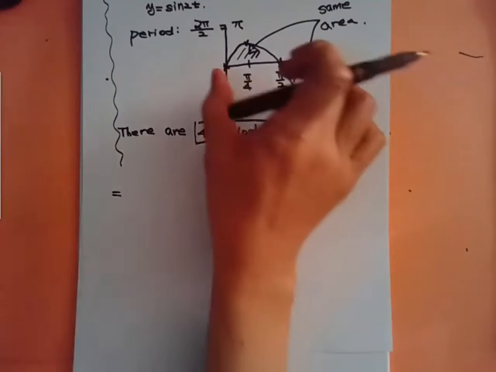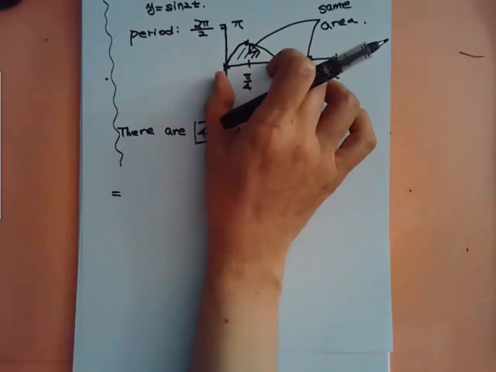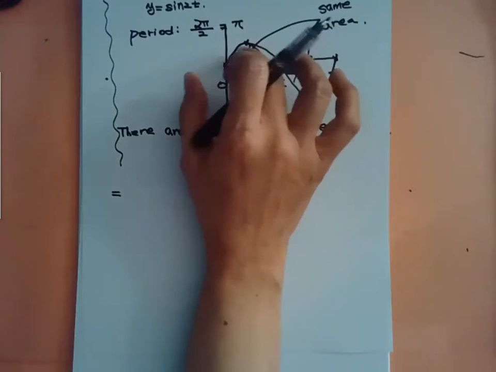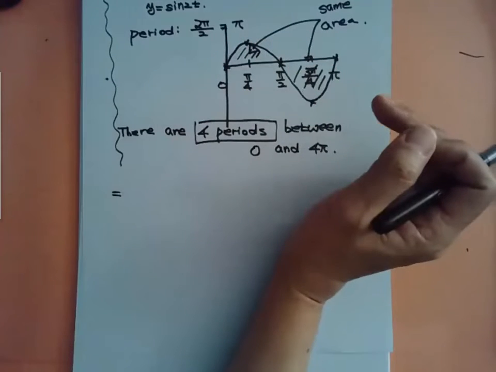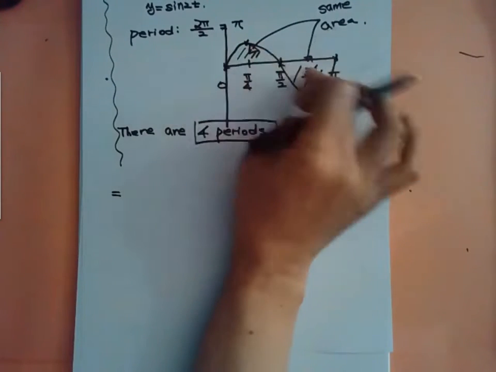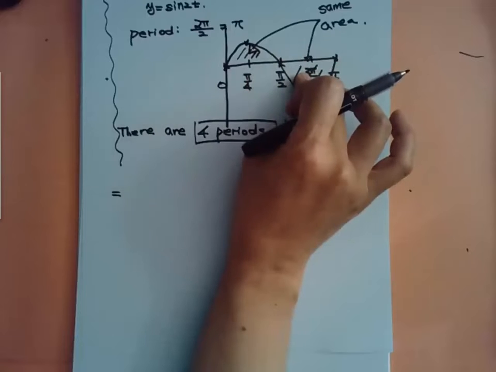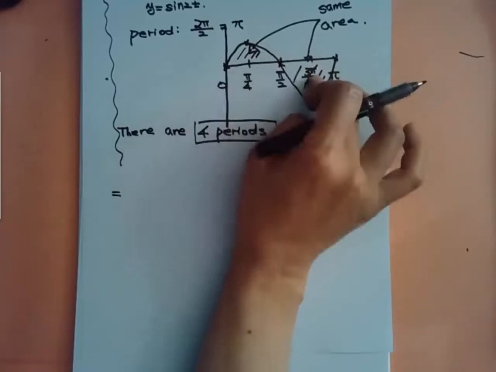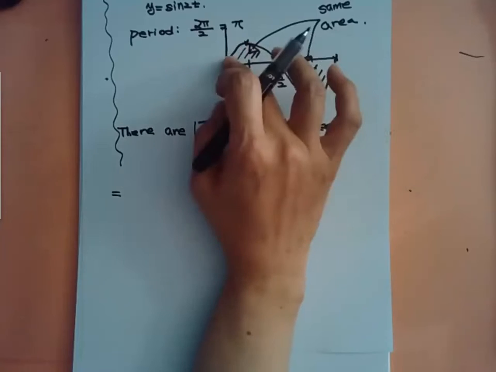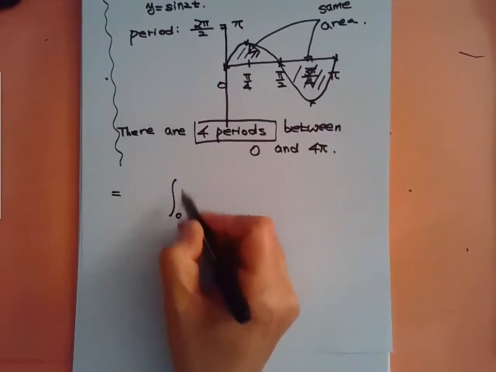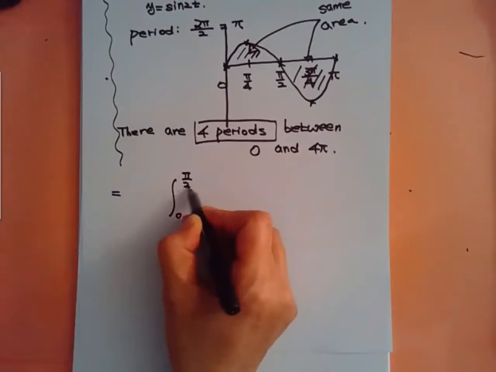And so what we will do is calculate this positive area, and for each cycle there are 2 of these, so all the area will be twice the integration from 0 to pi over 2.